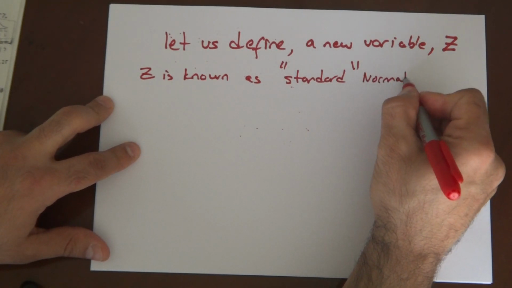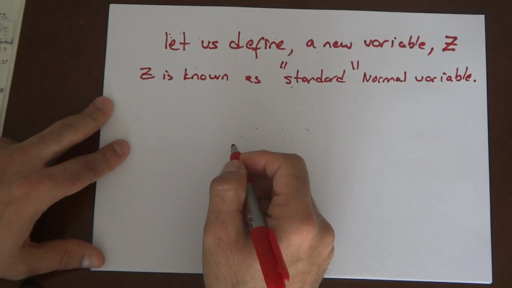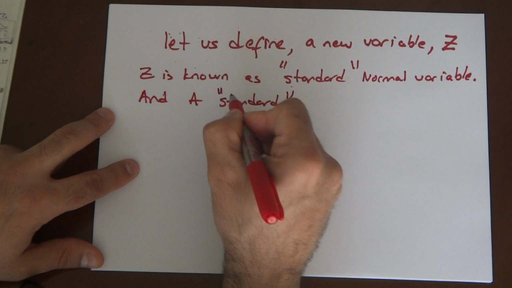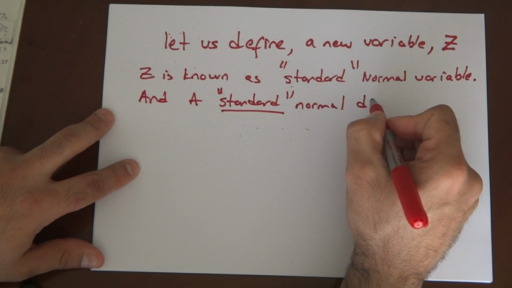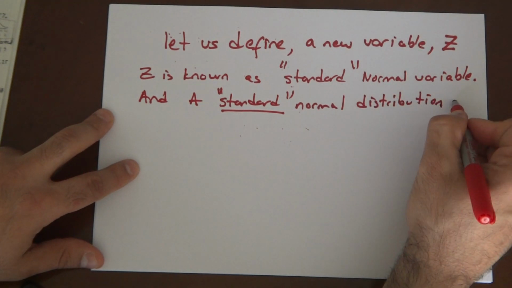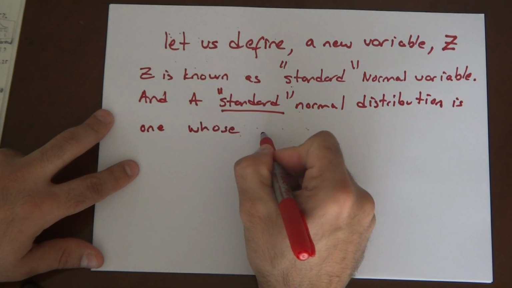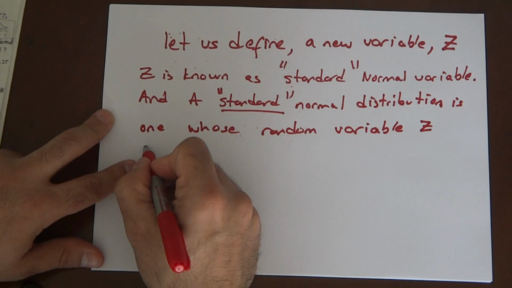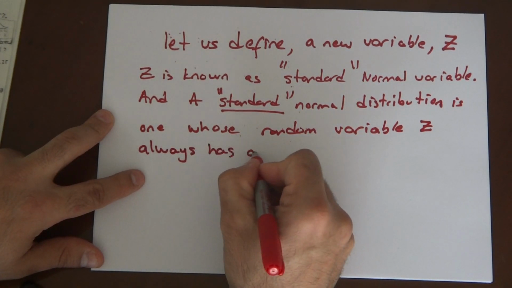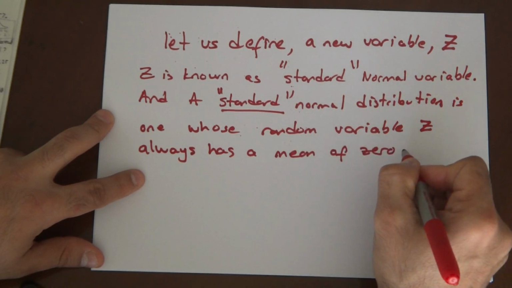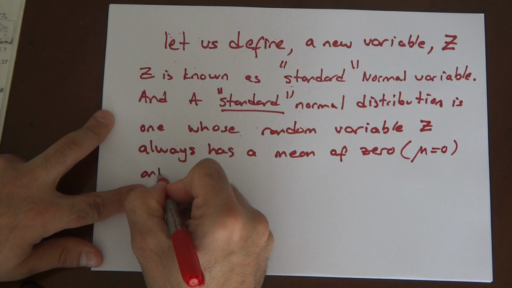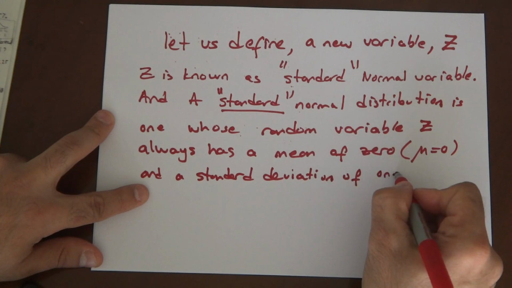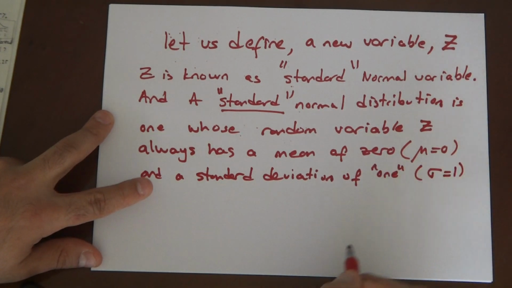A standard normal distribution is one whose random variable Z always has a mean of 0, meaning mu equals 0, and a standard deviation of 1, so sigma equals 1.